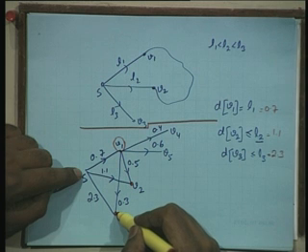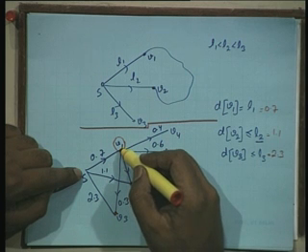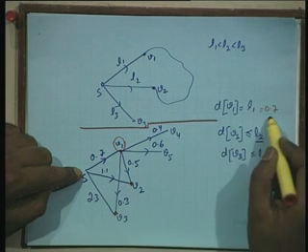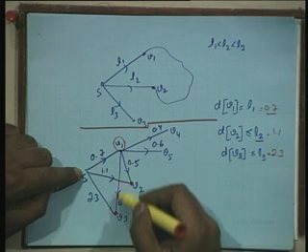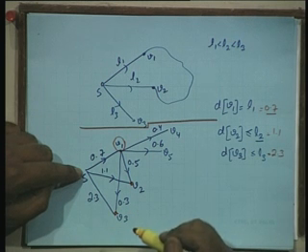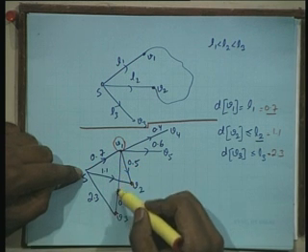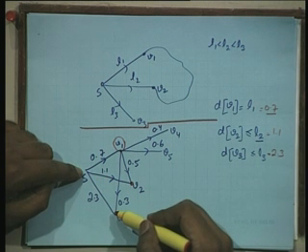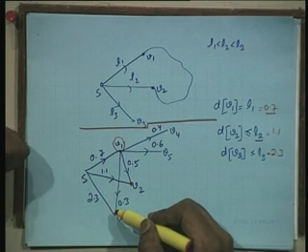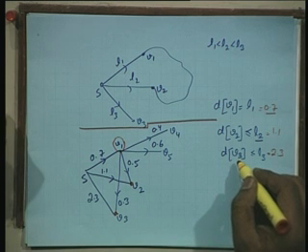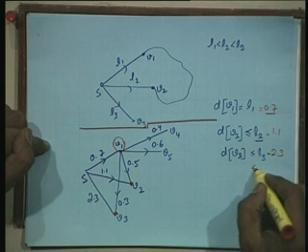You can update. I know the shortest path from S to V1. What is it? 0.7. I see that the length of this edge is 0.3. So, 0.7 plus 0.3 means 1. So, I have found another path from S to V3 of length 1. So, I can say that the distance of V3 from S is less than or equal to 1.